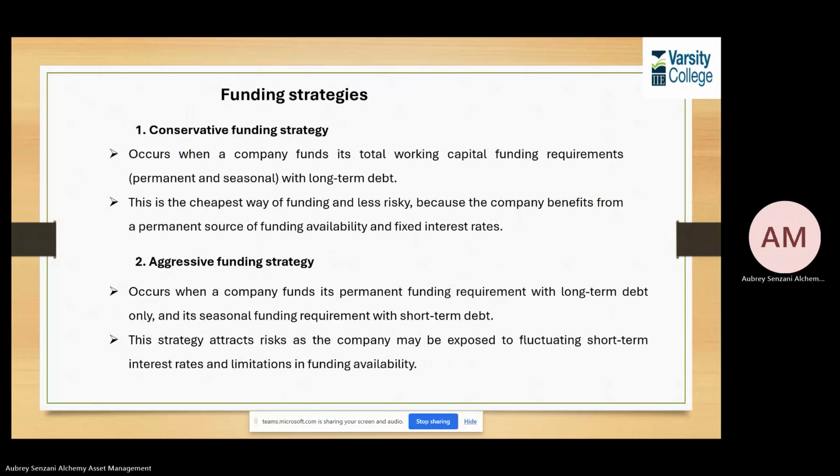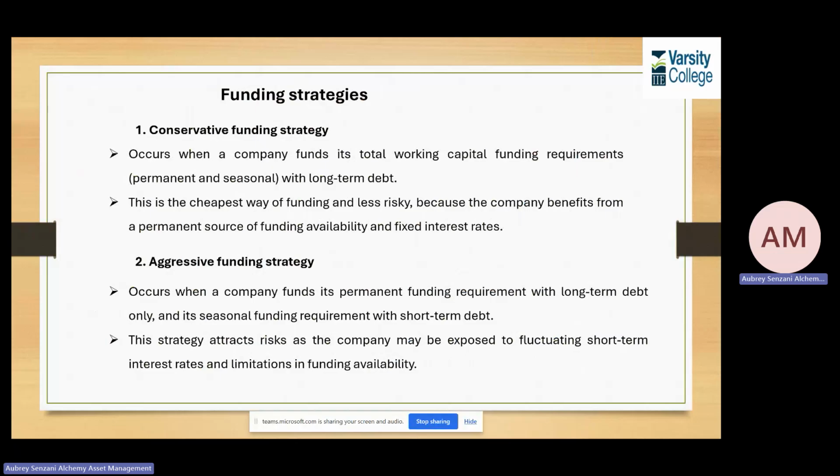Based on that, you've got conservative. Conservative is us just saying, let's borrow 2 million one shot for the long term. Whereas aggressive is where we say, we will borrow for the long term, but also borrow as and when funds become needed. Okay. So that is the aggressive.